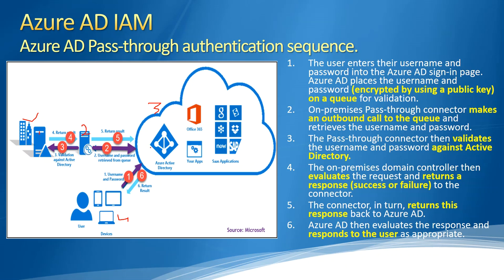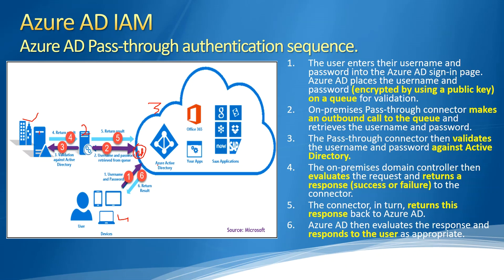Subsequently, once the user has put in his or her username and password, Azure AD puts that username and password in a queue. It's called the authentication queue, you can say. Over here, there is an authentication queue which exists, wherein Azure AD is going to put the username and password in encrypted format.